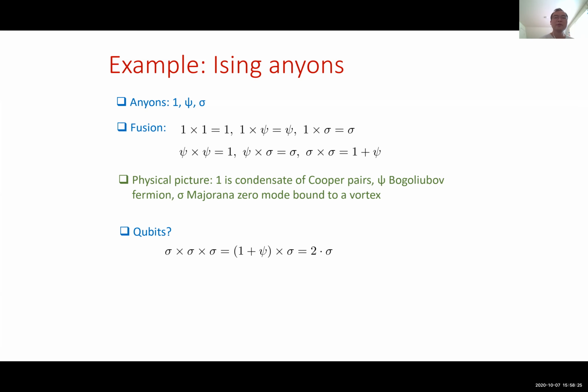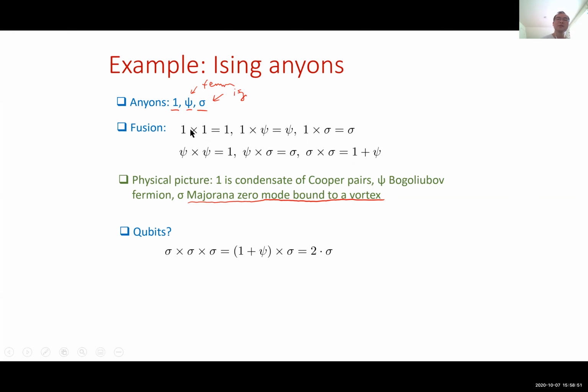So there are 3 anyons in this Ising Anyon model: vacuum, this is called fermion, and this is the Ising Anyon. It's a particular Ising Anyon, and this is the one corresponding to the Majorana zero mode bound to a vortex that we mentioned earlier.